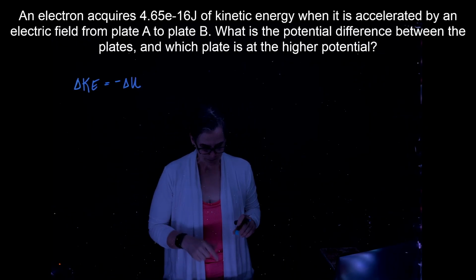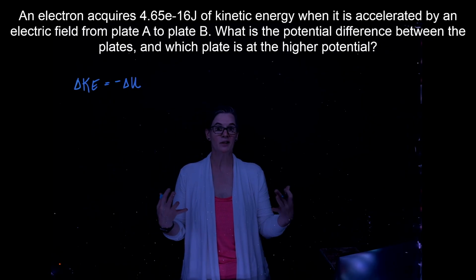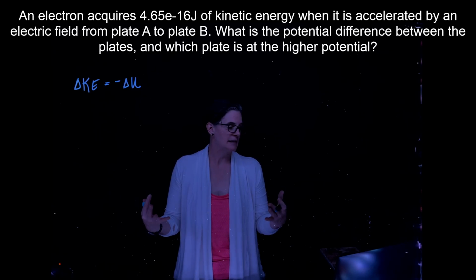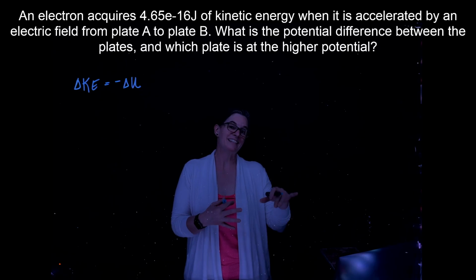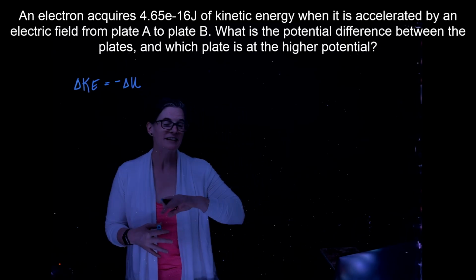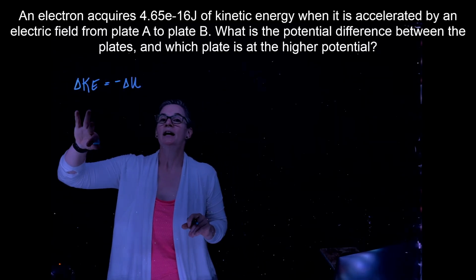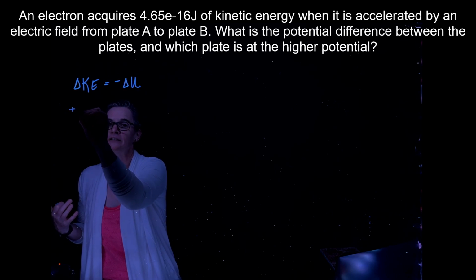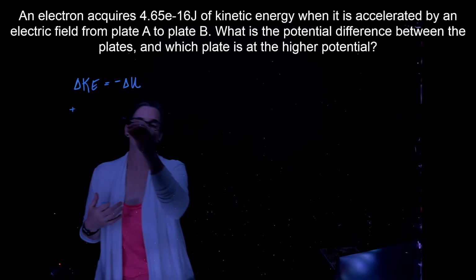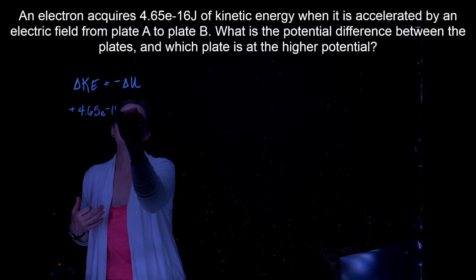All right, so if that's the case, and we are told that the electron acquires 4.65 times 10 to the minus 16 joules of kinetic energy, that means that the change in kinetic energy is a positive 4.65 times 10 to the negative 16.